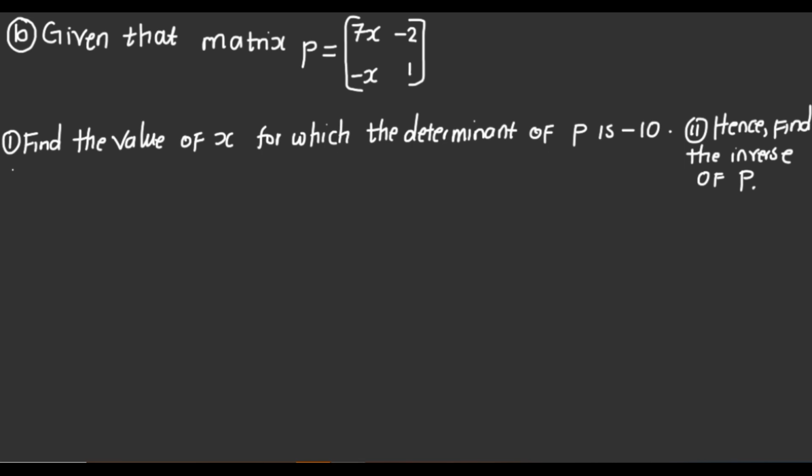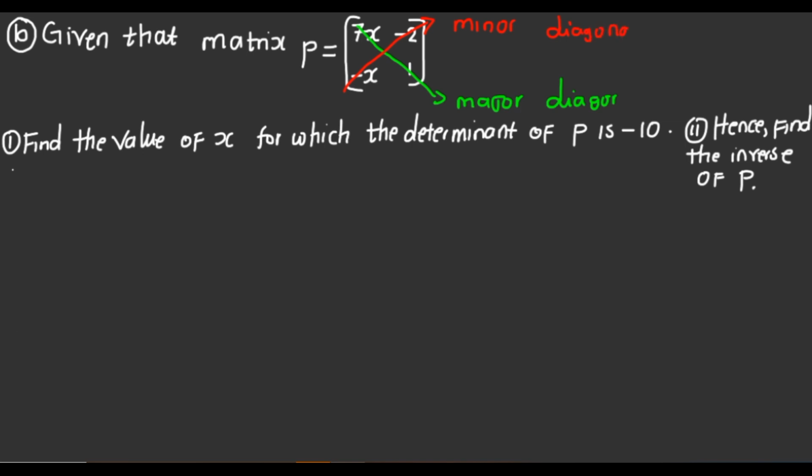So first we need to identify the major diagonals. This is our major diagonal. Then we are also going to look at the minor one. So we have our minor diagonal.